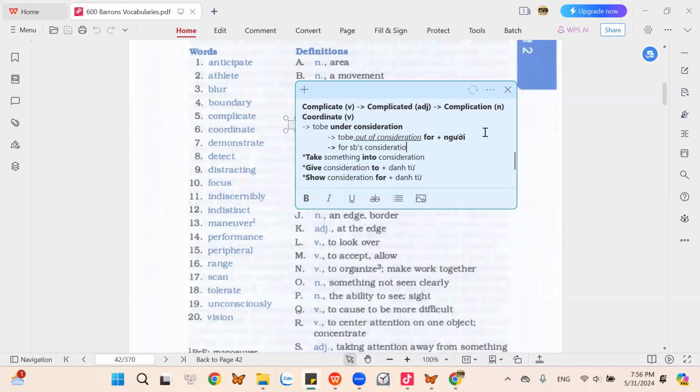Okay, very good. And here we have a few action verbs for consideration: take something into consideration, give consideration to, show consideration for. Everything just means you think about something. For example, I can say that I take every chance of my life into consideration, which means whenever I have chances, I will try my best to serve people. And when serving people, I discover lots of mistakes.